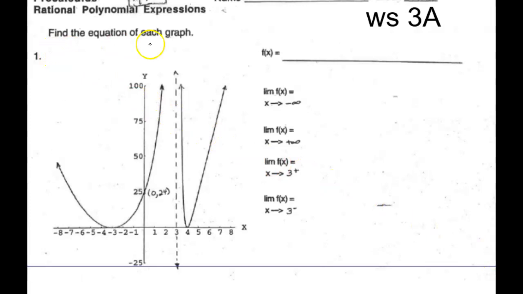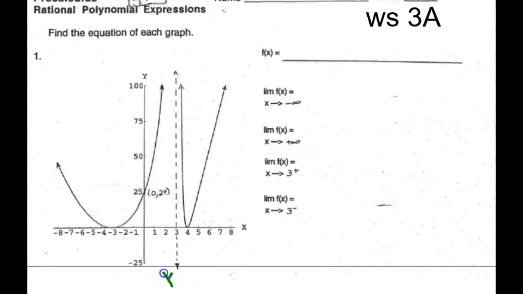So this is question 1 on worksheet 3A. We are supposed to come up with the equation. This is complicated, okay? But I want you to see if you can help me with at least parts of it. Can anybody tell me one thing about this function, f of x equals? Where does it have a vertical asymptote, or where does it have a 0?